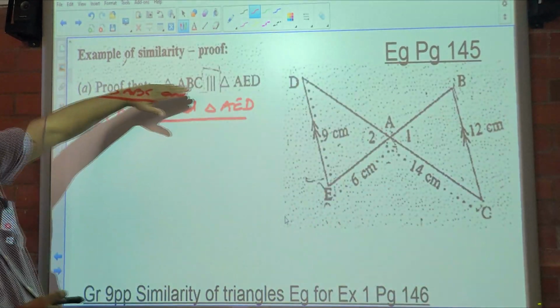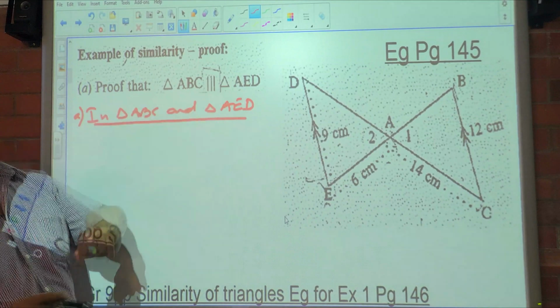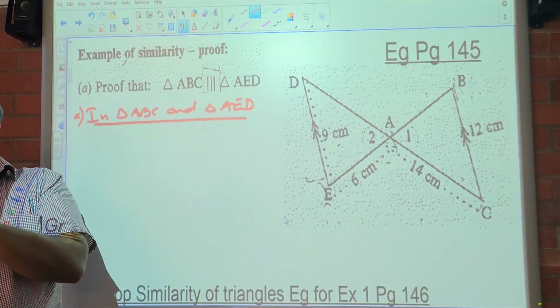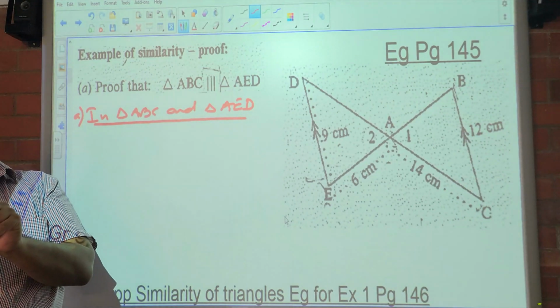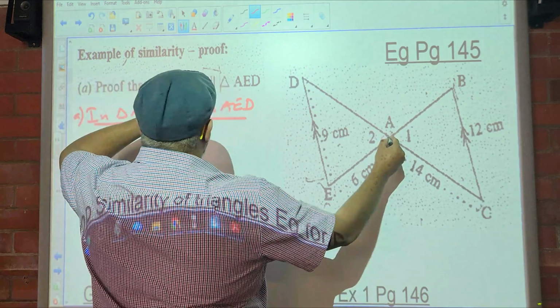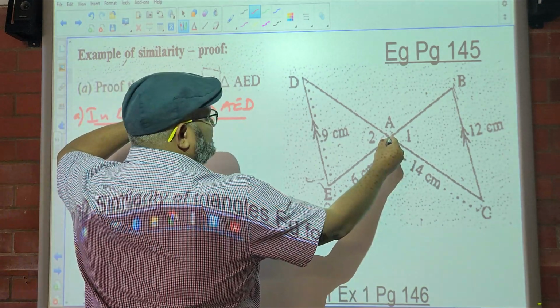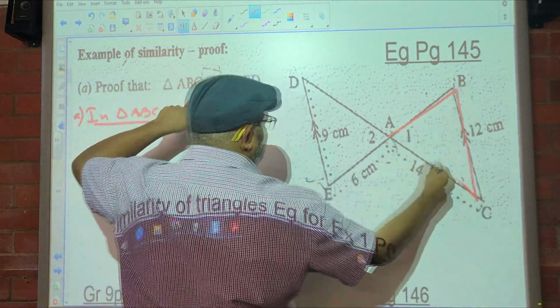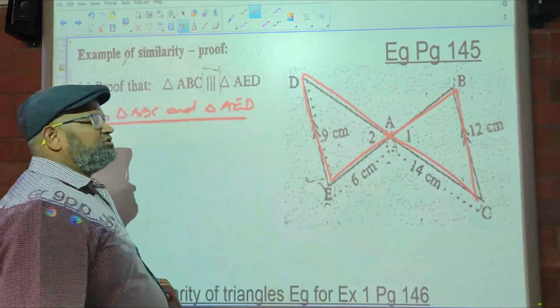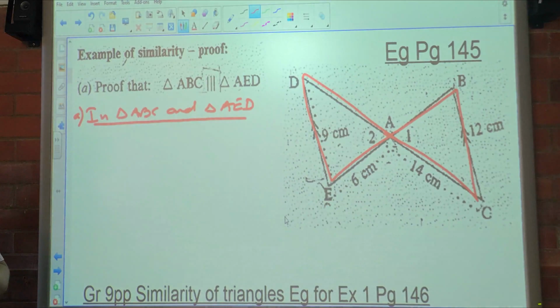Again, when they ask us to prove that two triangles are similar, what do we do? We prove that two angles are equal with reason. The two triangles are ABC and AED.